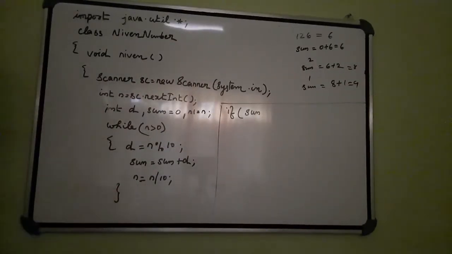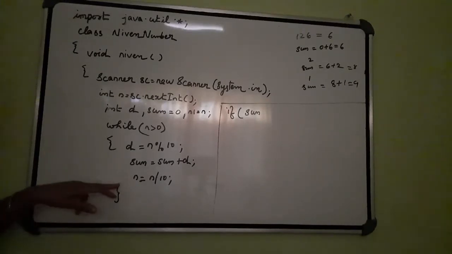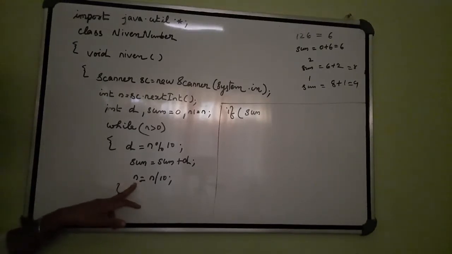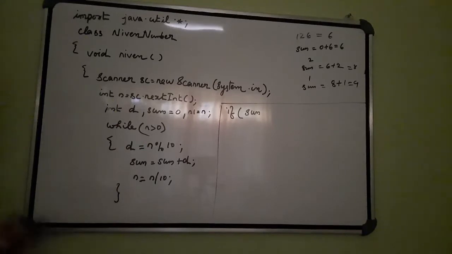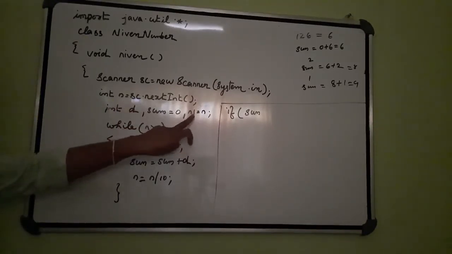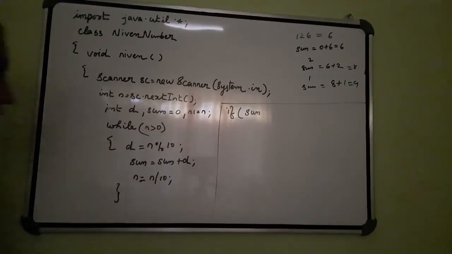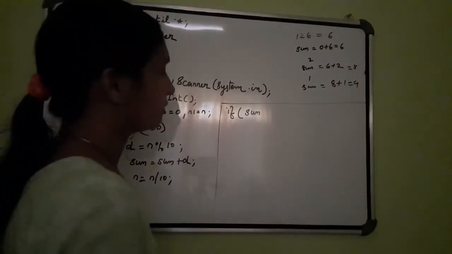Okay, it will work. After this loop, we know the value of n will become 0 after the operation. Because of that, I first stored the value of n in n1, another variable. We will get the same value of that number. Then what's the next step?